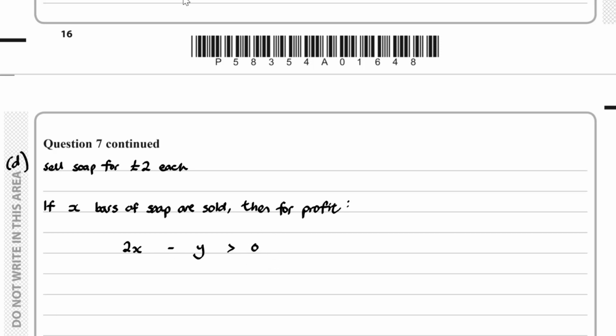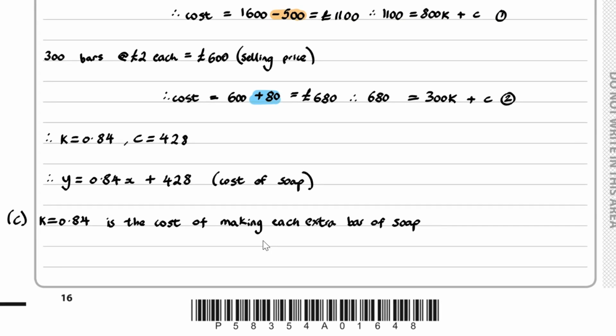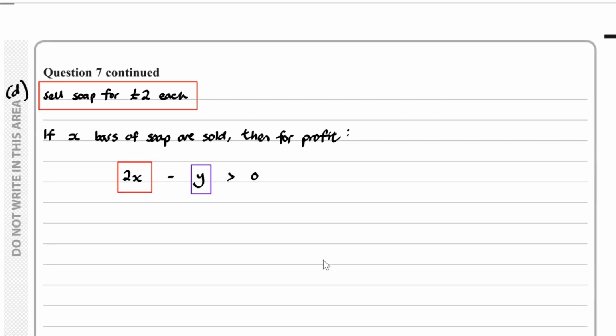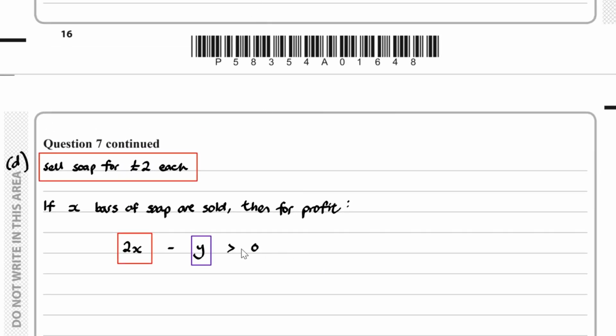Let's explain this. We've got the 2x, that comes from the fact that we're selling soap for £2 each. We have the minus y, this over here, that will be the cost of the soap, that's given over here. And this being greater than 0 is the condition for profit.